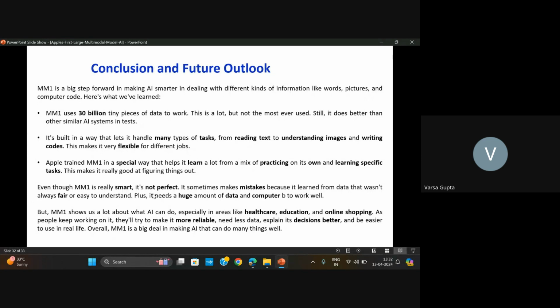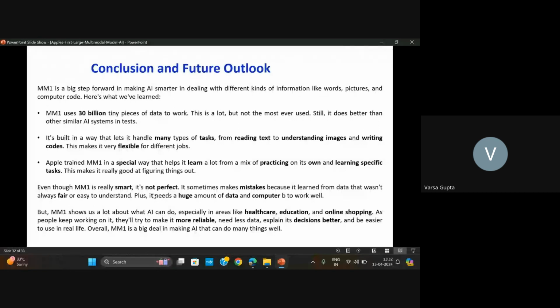In the various areas we saw, like healthcare, education, and online, MM1 can be used.